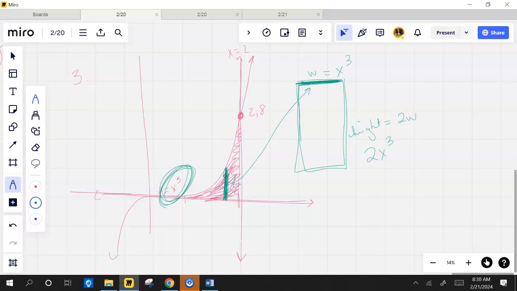So remember, the goal is to find the area of one cross section. If I can find the area of one cross section, then I can integrate to find the volume of the whole thing. So what is the area of just one cross section? Take out one sliver and find the area of that rectangle. What is it?